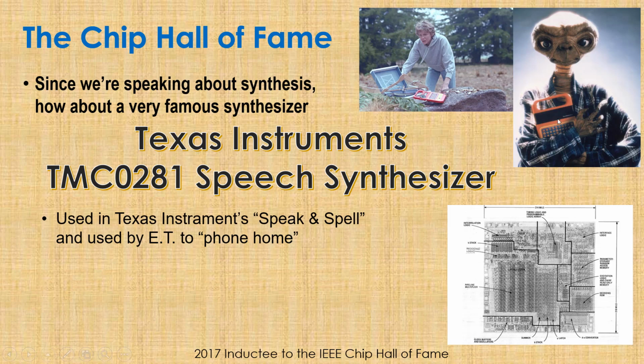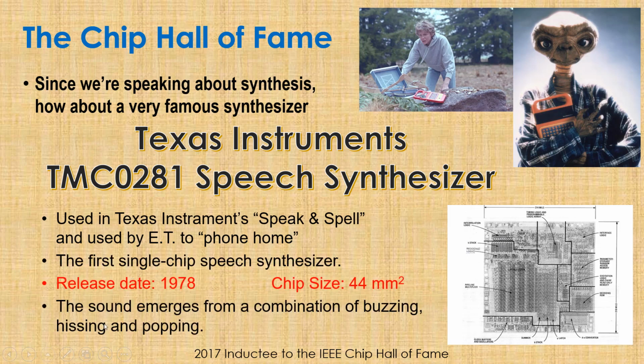It actually used this chip, which was able to use a bunch of buzzing, hissing, and popping sounds in order to make sound. It was released in 1978. It had a 44 millimeter chip size, and it was inducted in 2017 into the IEEE Chip Hall of Fame. By the way, it was considered for a long time impossible to even make speech just by using synthesis.